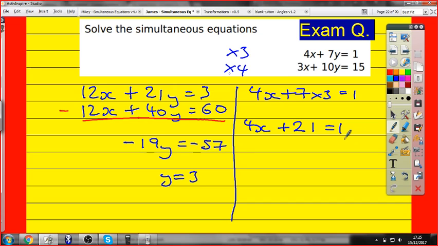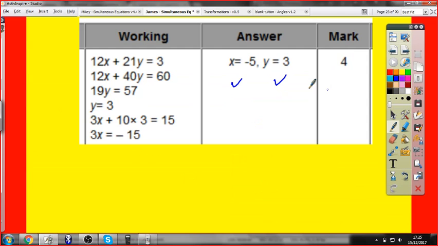So 4x must be minus 0.25. Or is it just 0.25? Well, 4x is minus 20. Oh no, it's minus 5. Yeah. Minus 5. That's it. X equals minus 5. Y equals 3. Any questions there? No. Okay, so 4-mark question, good one.